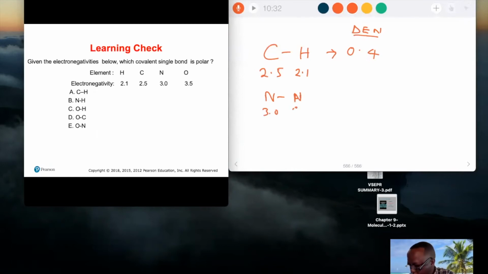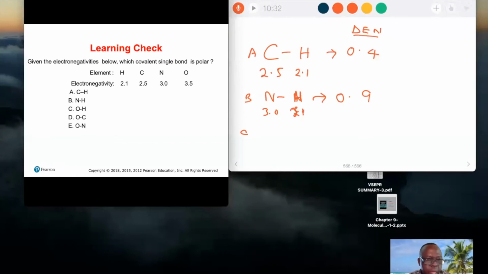This is 3.0, and the change here is 0, since 3.0 minus 3.0 is the same. I think that's supposed to be NH, not NN. Oh yeah, NH, thank you. So this is 2.1, and this is 0.9, correct? 3.0 minus 2.1. This is A, this is B.